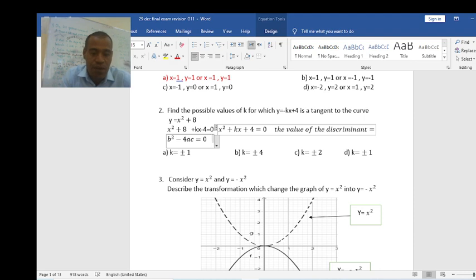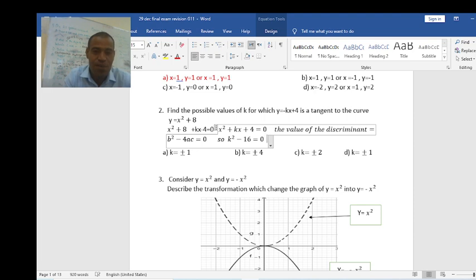So therefore, I will make k squared minus 4 times 4, which is 16, equal to 0.